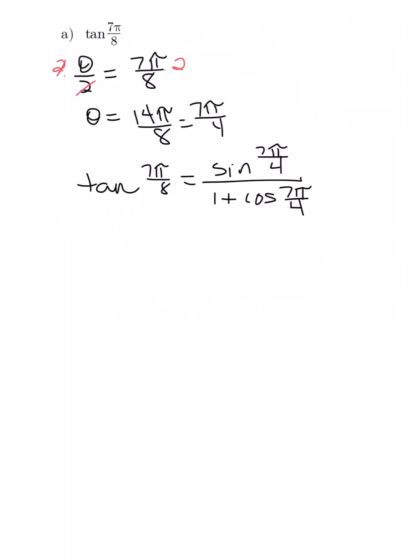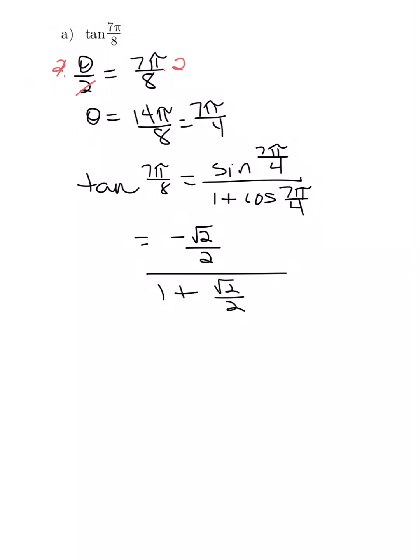Now we're going to go to our unit circle and substitute in what we know about the sine and cosine of 7 pi over 4. This means that our numerator will become negative square root of 2 over 2. All that goes over 1 plus, and then the cosine of 7 pi over 4 is positive square root of 2 over 2.